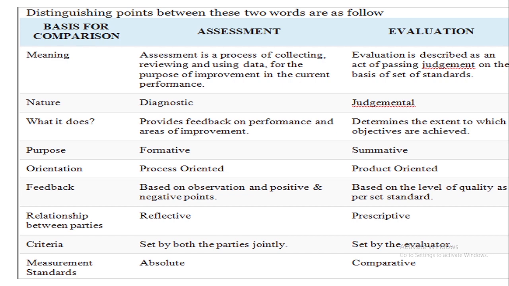As I said, I gave an example of an objective. If the objective was to have 30,000 households in the northern region have access to safe and clean water, evaluation will judge according to that set indicator or objective: did all the 30,000 households get access to safe and clean water?